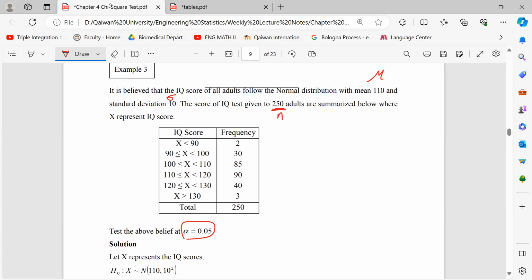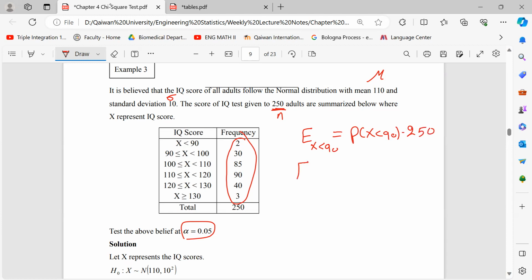Then, what should we find? These are the observed frequencies. We need to find the expected frequencies. The expected frequency for x less than 90 is the probability of x being less than 90 times n, and n is 250.